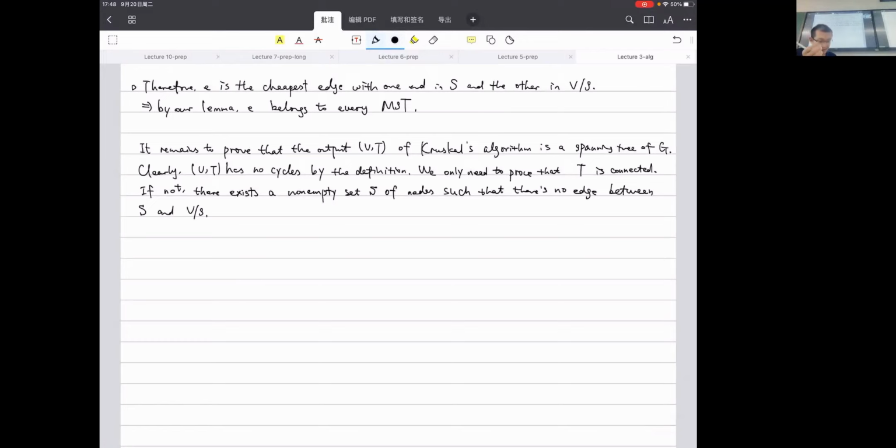Then you have such a division of S and V over S that there is no edge between them. But this actually contradicts Kruskal's algorithm, because there is actually at least one edge.